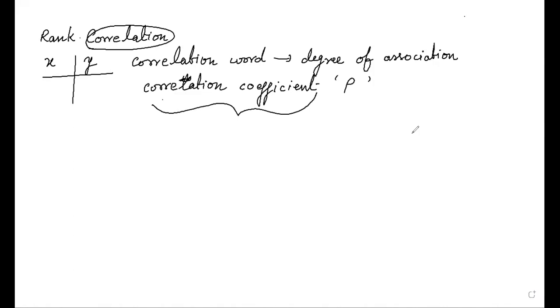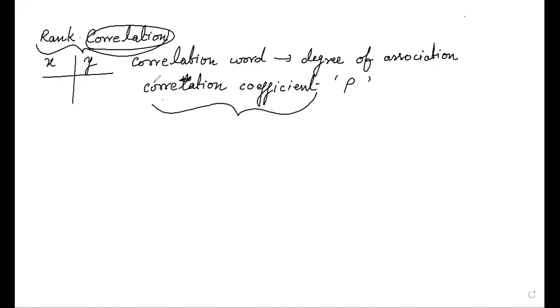Okay, so the total term rank correlation means that first we need to give ranks to the qualitative entries given to us as the two variables, and then we can find the relation, rather the correlation, between these two qualities. After giving the rank, we get the correlation between these two variables. That is known as the rank correlation.